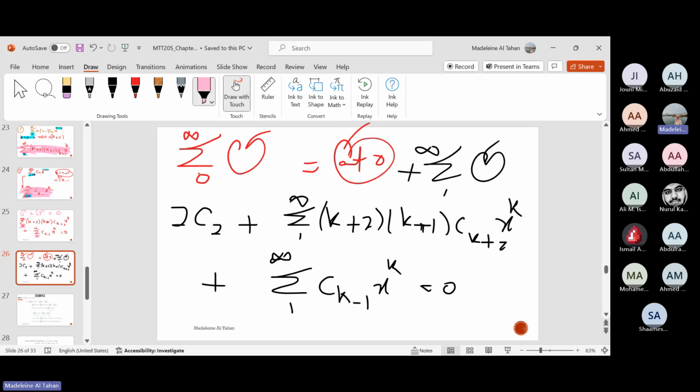Now if you look at this one, both start at 1, both are power k. Are we able to put them inside the same series? Yes. Okay, please write it down and put them inside the same series.